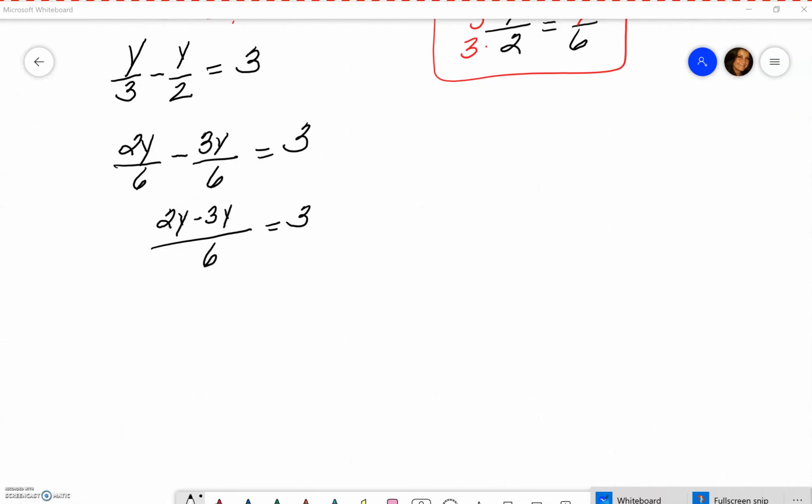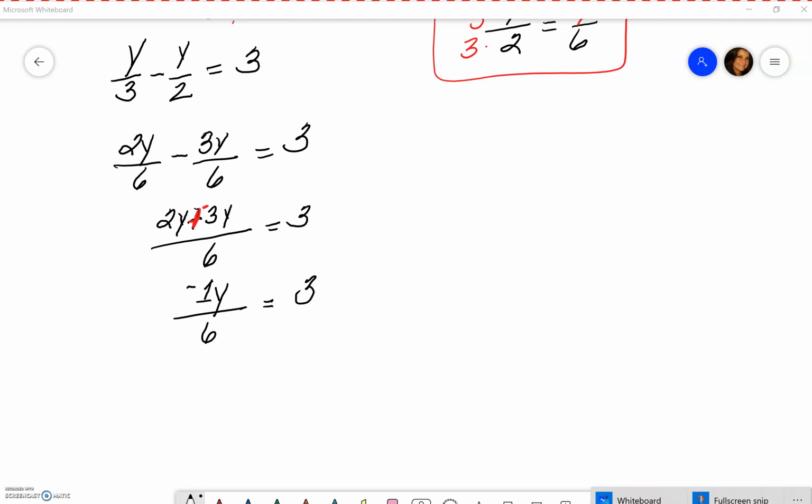We know to change this to a plus, and make this the opposite sign. We're going to subtract, take the sign of the larger number, which is a negative 1y over 6, and that's equal to 3. All right, now that we're at this point, we're almost done.